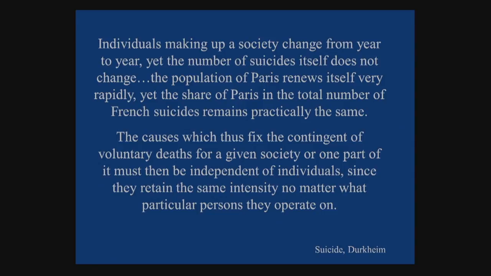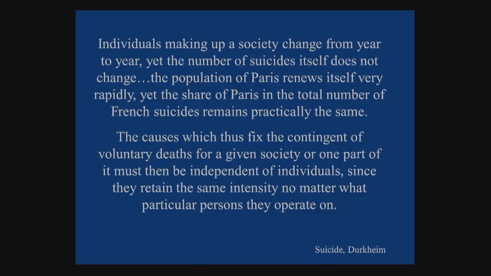So what Durkheim said in Suicide is that individuals making up a society change from year to year. The number of suicides itself does not change. So the suicide rate in a country, for instance, stays the same, even though people come and go.